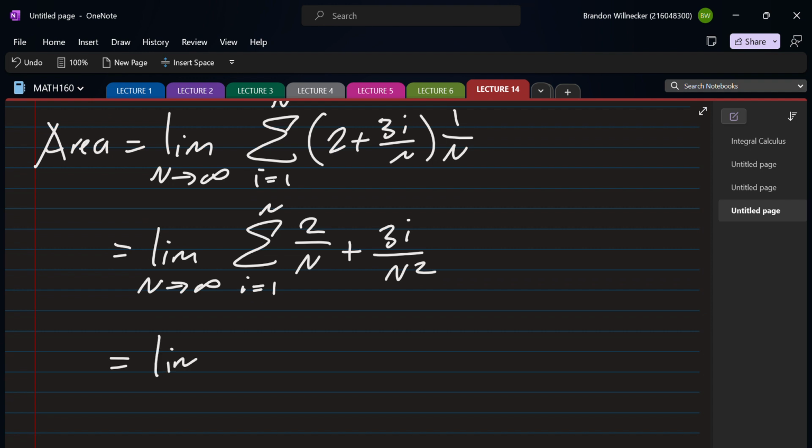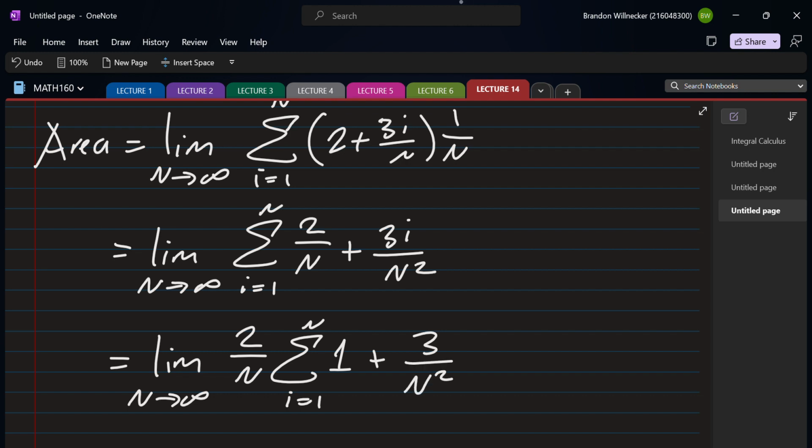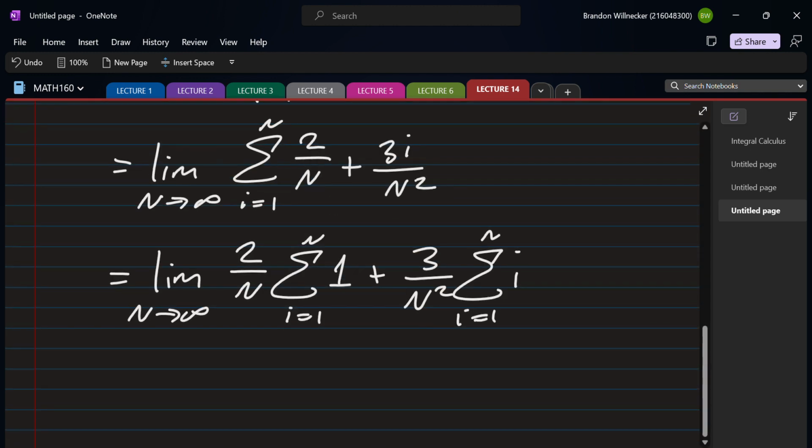So this will be the limit as n goes to infinity, 2 over n, the sum i = 1 to n of just 1. So we took the constant out, so we're just left with 1 inside. Plus 3 over n squared, the sum from i = 1 to n of i. All the constants we took out, so we're just left with the i terms.